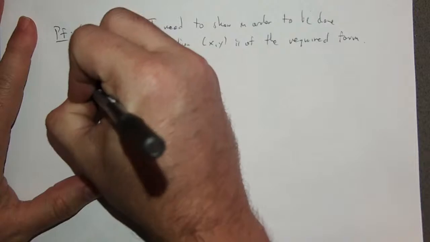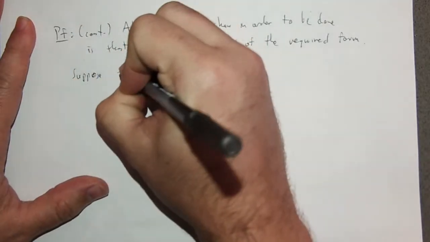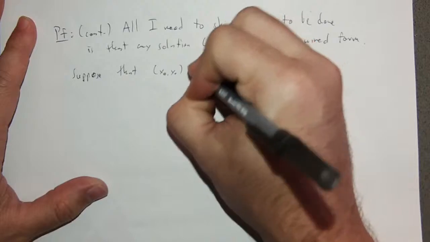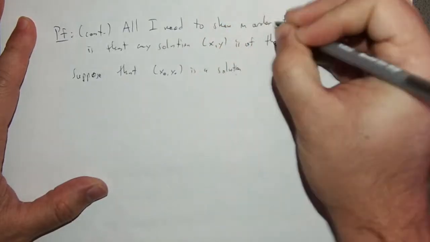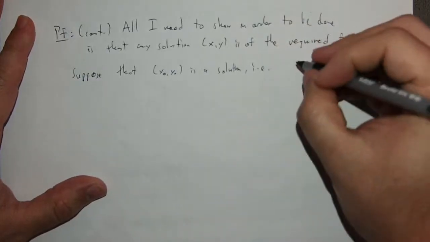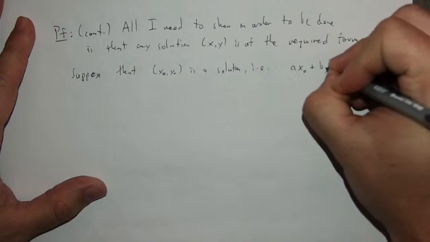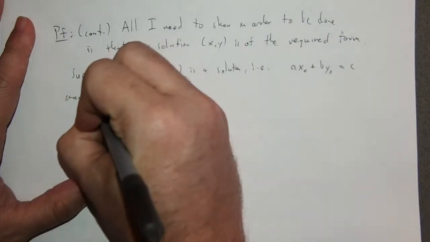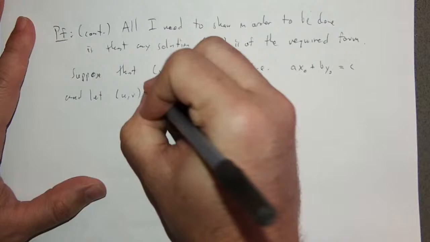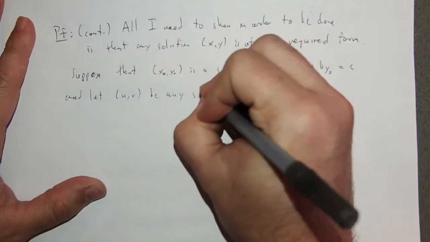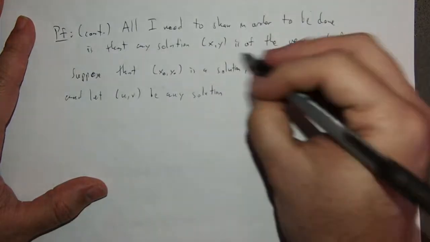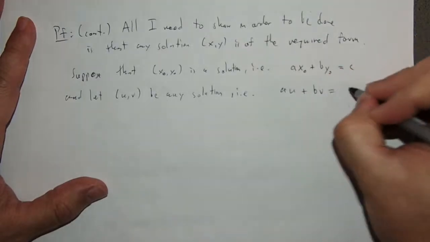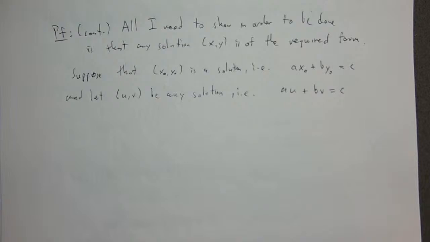So suppose that, say, x naught, y naught is a solution, i.e. suppose that a x naught plus b y naught is equal to c, and let's say u, v be any solution, which of course means the same thing, i.e. a u plus b v is equal to c. Okay.